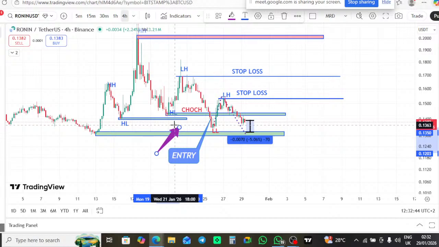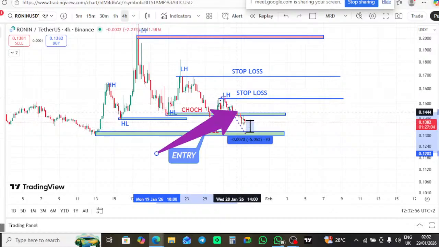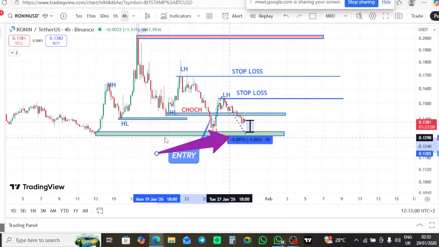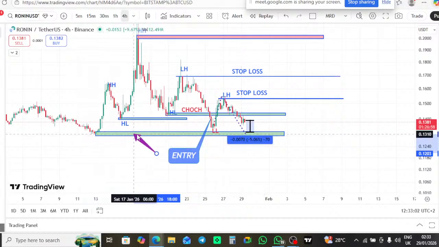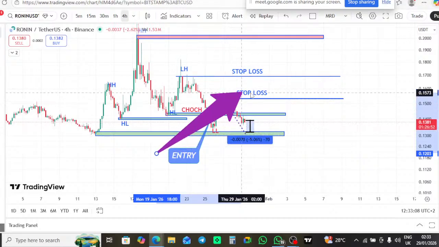We remain with the small money, but while we are safe. So we are targeting this level, which is the lowest point. And we have to break it and we form another lower low. Because we have a discount level as well. So we are targeting the discount level. And our stop loss is here.